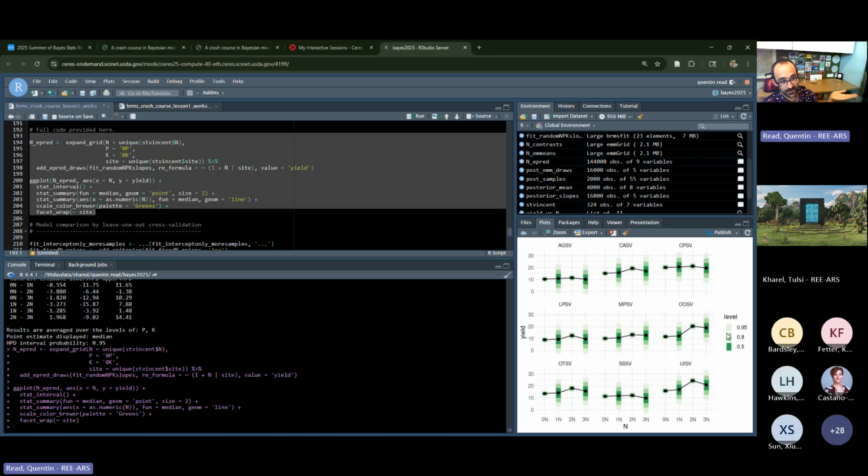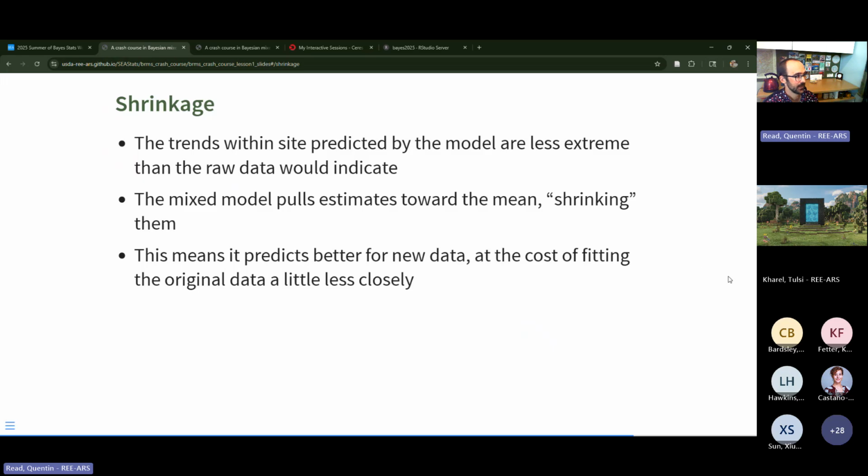So our model isn't fitting the data perfectly. It's assuming slightly smaller differences than we actually see in reality. And why is that? Well, that's what random effects do. It's called shrinkage. Because random effects have a distribution centered around 0, the mixed model is pulling those estimates toward 0, making them less extreme. It's called shrinkage because they shrink towards 0.